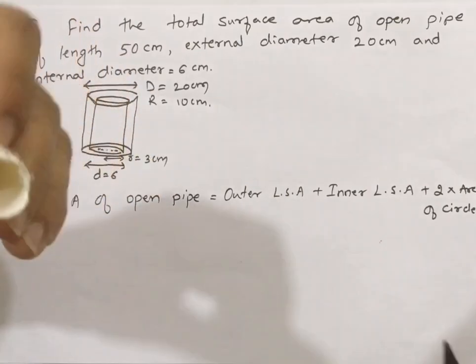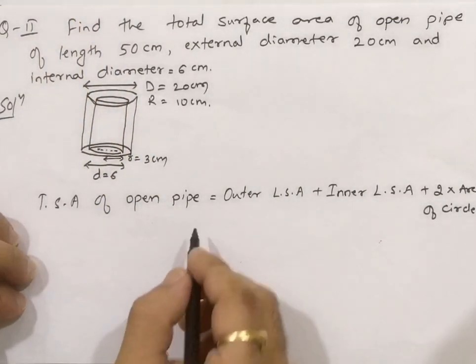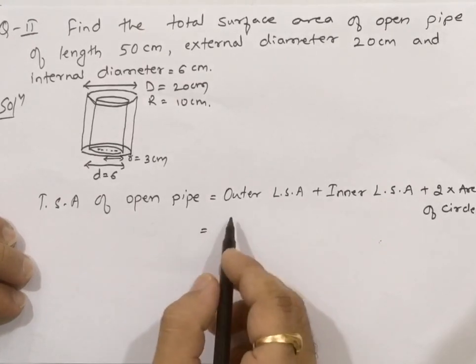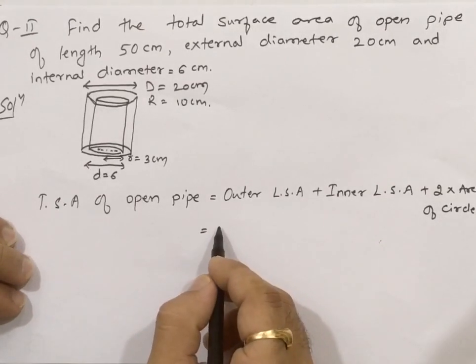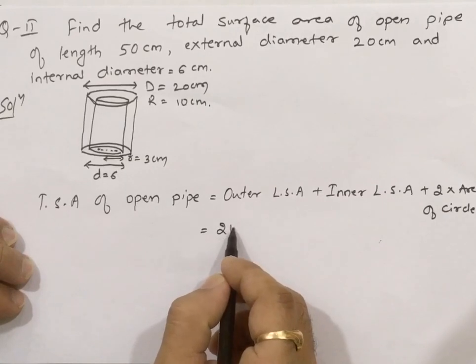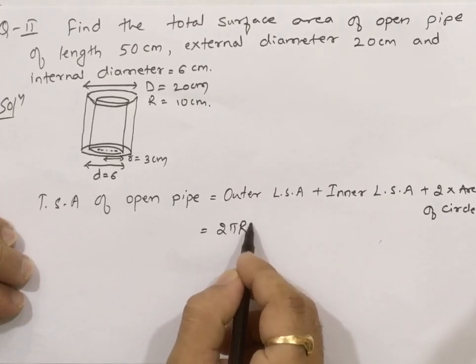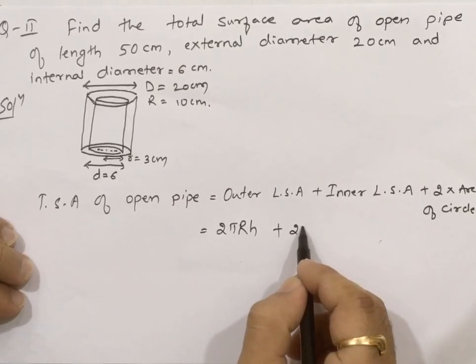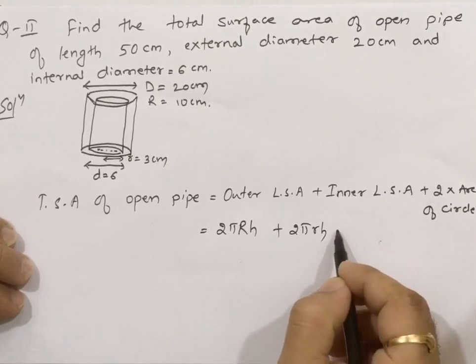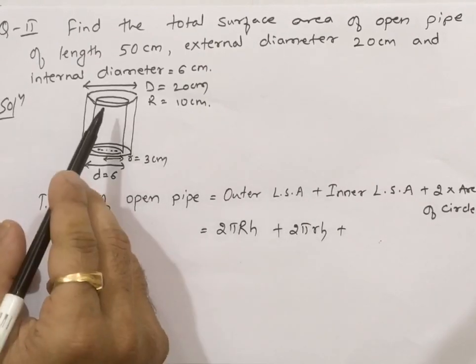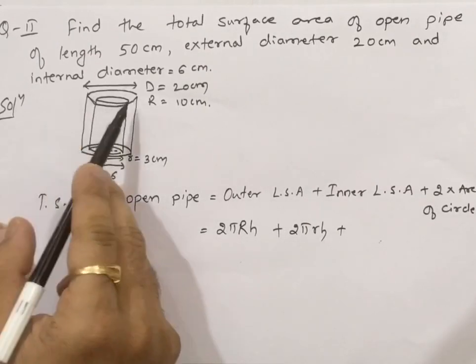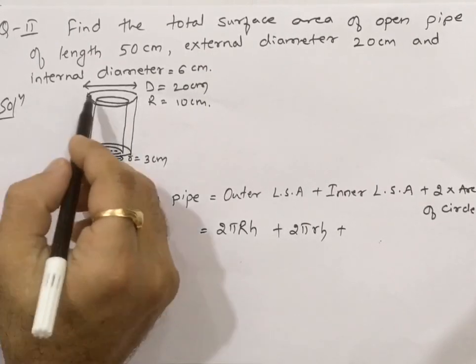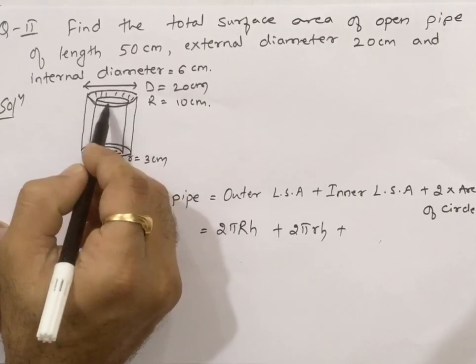How it is, you see, I'll write the formula. Outer lateral surface area will be 2 pi R h plus inner lateral surface area will be 2 pi r h plus 2 times area of outer circle minus inner circle it should be. Yes or no? Only this part we want.